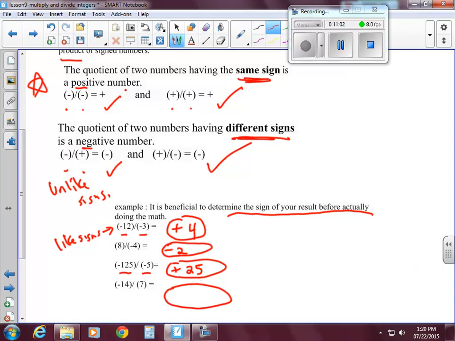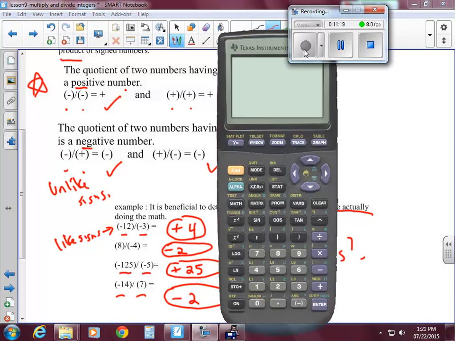And last but not least, you've got a negative divided by a positive. Those are unlike signs. You know it's going to be negative. And 14 divided by 7 is 2. So we're going to end up with negative 2. So you really, really have to get those signs under control. Now I will mention, say this last one, negative 14 divided by 7, you could key it into a calculator.